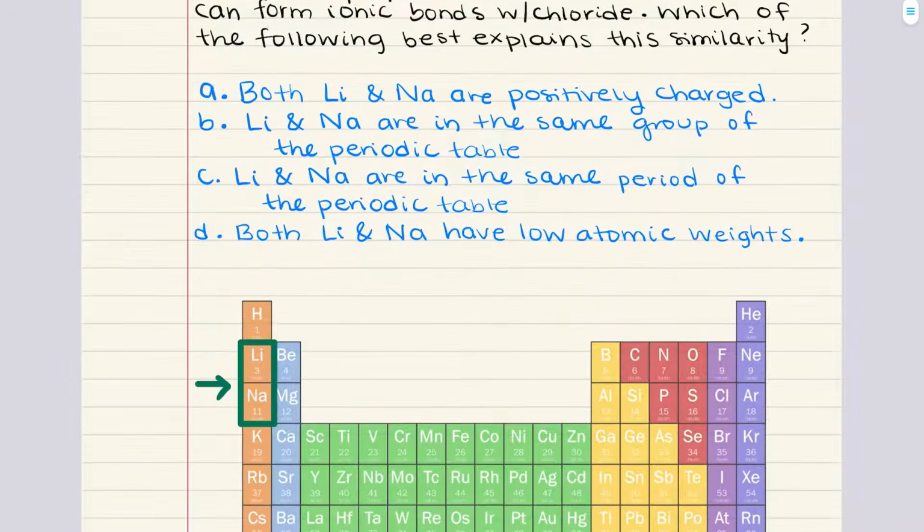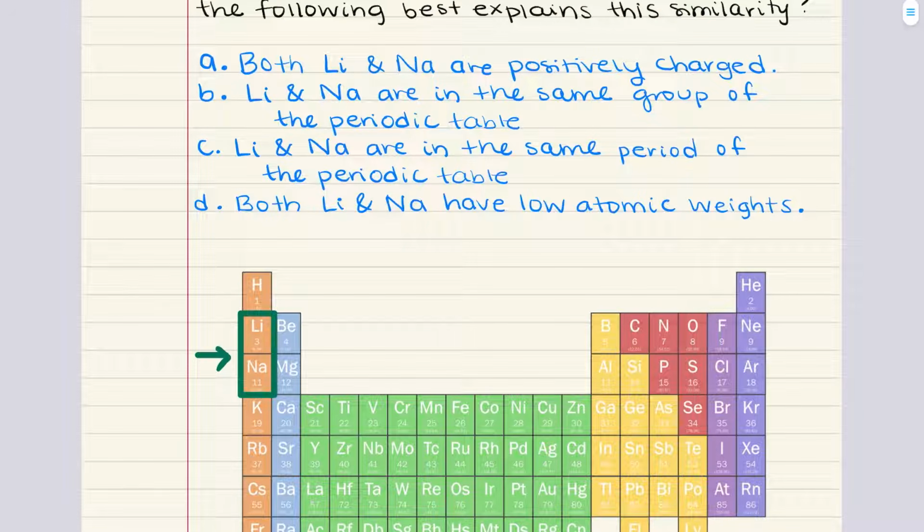Now, lithium and sodium are both elements that are found right here on the periodic table. We know from our discussion that the periodic table is organized in such a way that elements with similar properties are grouped together. One key aspect to consider is the concept of groups and periods.